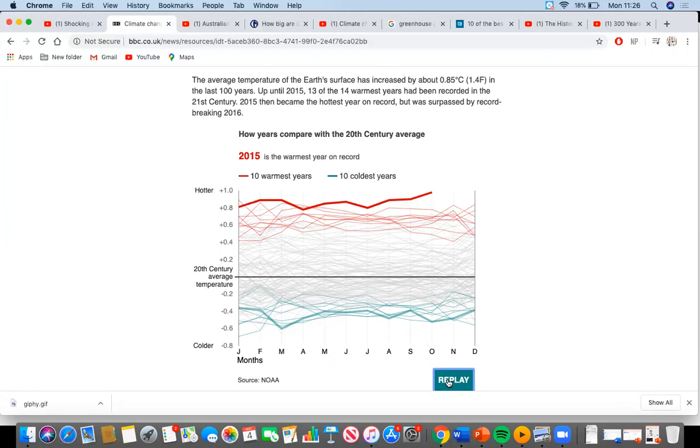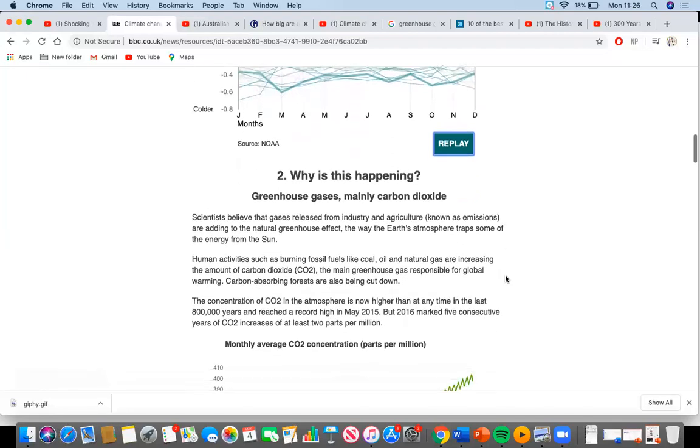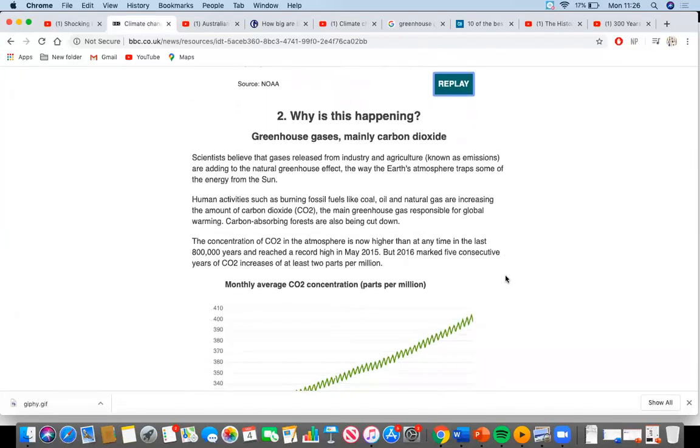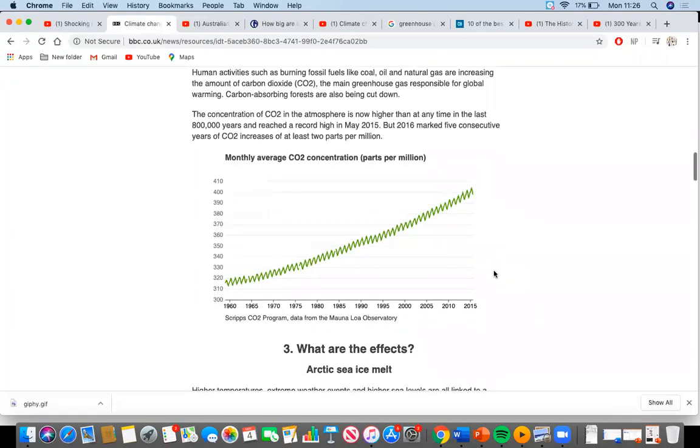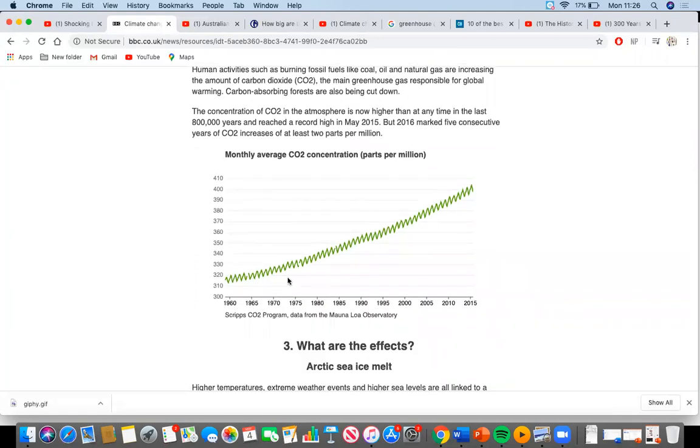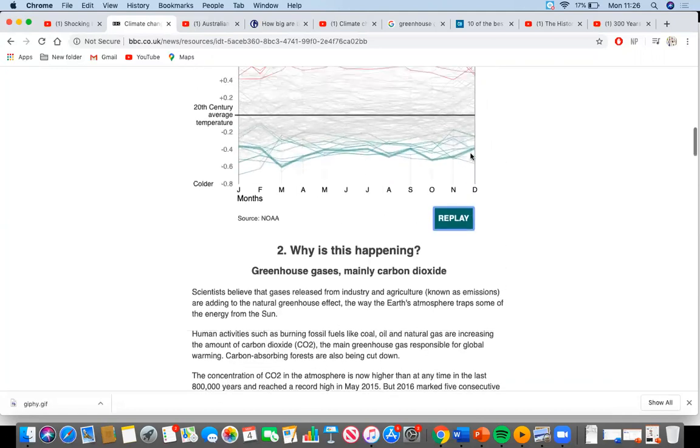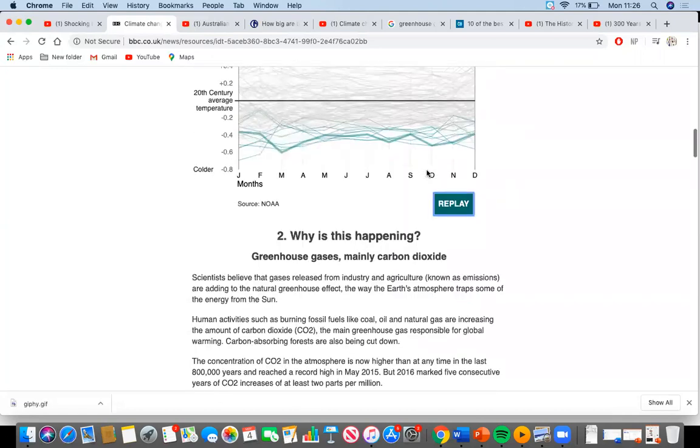So every year, basically, it's getting hotter, and we have evidence of this. Scientists have linked this to an increase in carbon dioxide levels. Of course, correlation does not prove causation, but it is highly correlated that as our CO2 has gone up, our temperature has also increased.